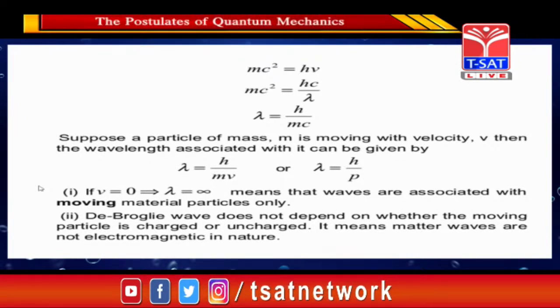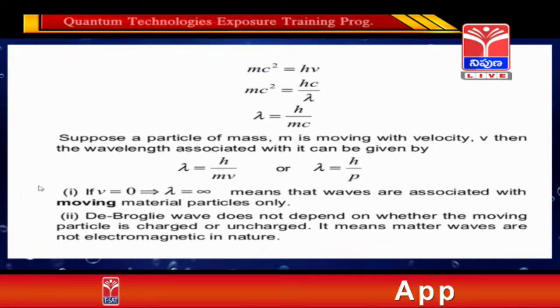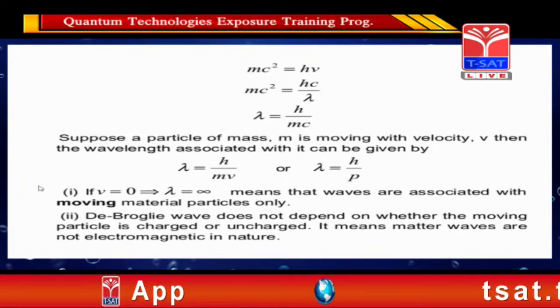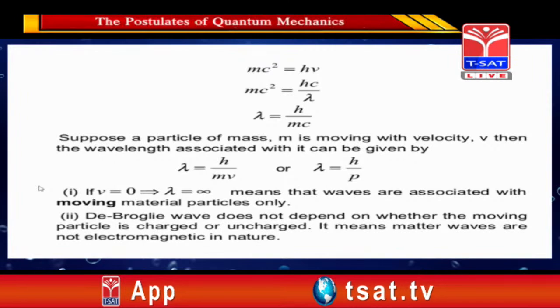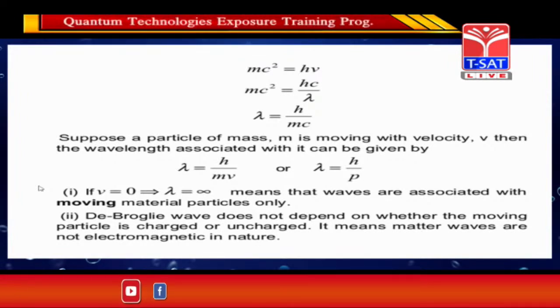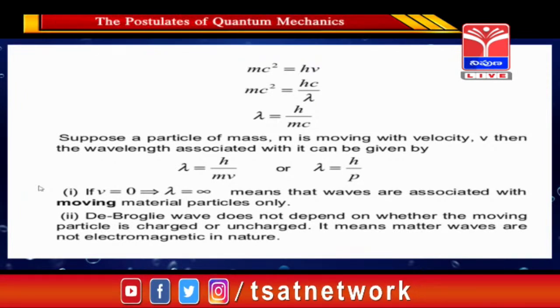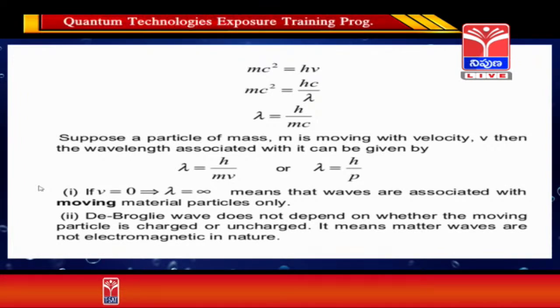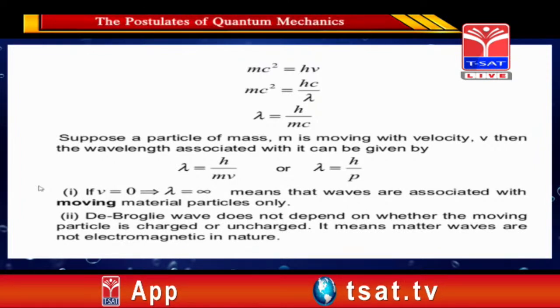So in the denominator, the momentum quantity is very big, which gives us an associated lambda so small that we cannot realize it.